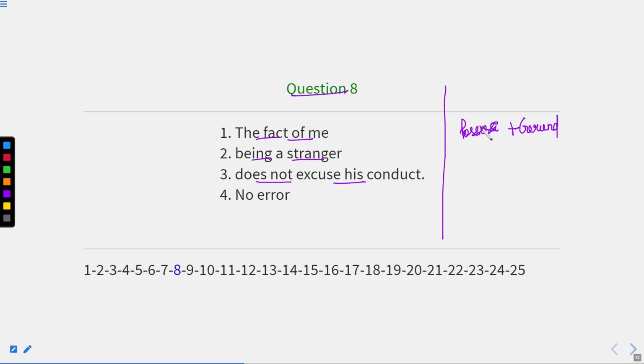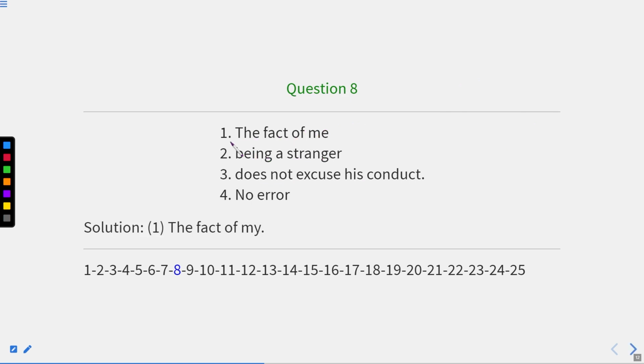If we have any noun or pronoun just before it, it should be in the possessive case. So here me is incorrect, it should be replaced with my. So the correct sentence will be, the fact of my being a stranger does not excuse his conduct. Therefore the answer is 1, because this part contains the error where me should be replaced with my.